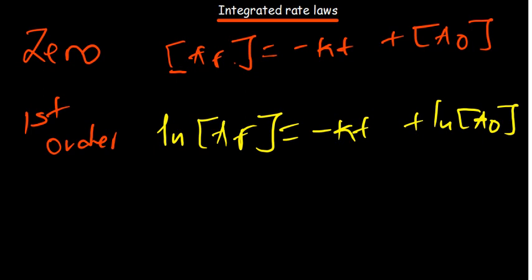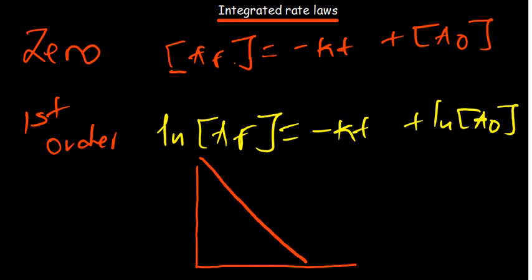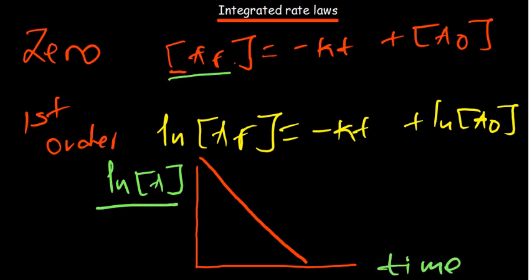And then for this one, the same concept applies. It will also be a straight line going down. Now, how do you differentiate it from the first one? It's going to be a straight line as well, if you plot the natural log of the concentration. So the basic idea is this one you're using the natural log of the concentration against time. The other one, you are just using the concentration.